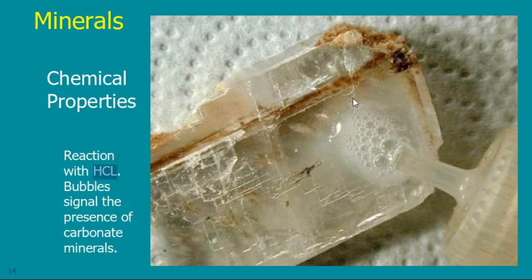If I see a reaction and I see bubbles, it means that this rock contains carbonate mineral. So this is very important. Why important? Because the presence of carbonate mineral in the soil beneath me means that this material will react in the future and may change, it may disintegrate.